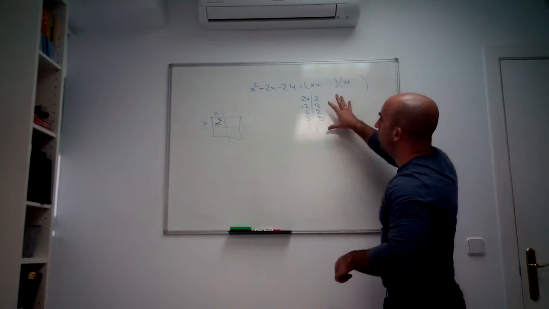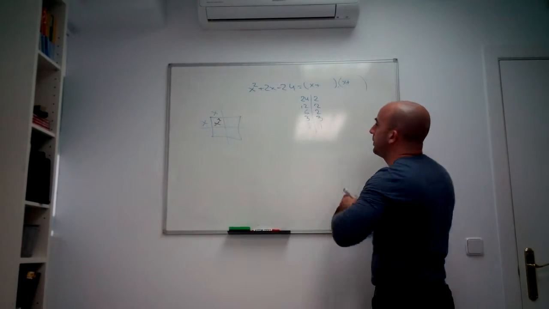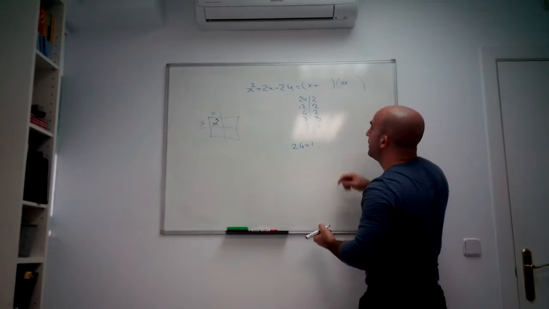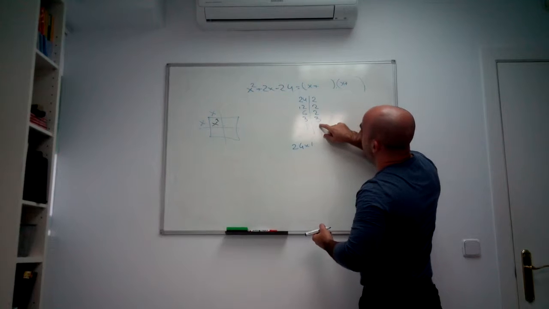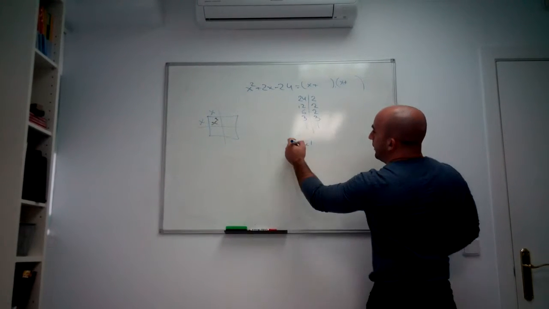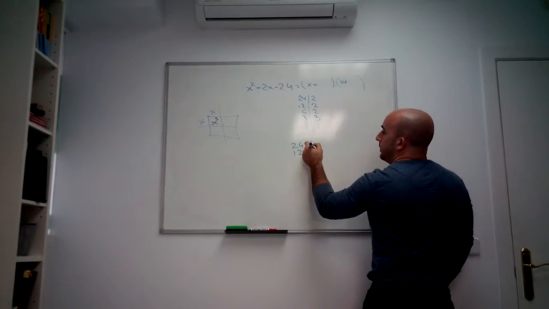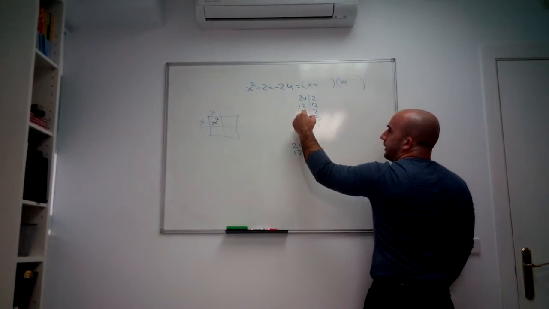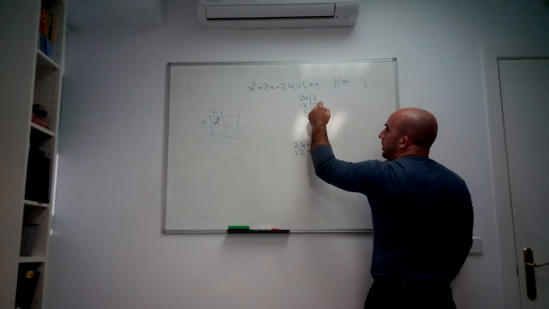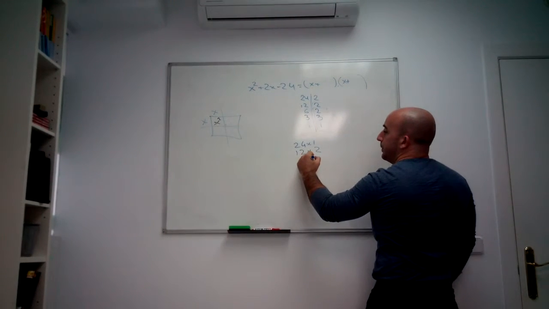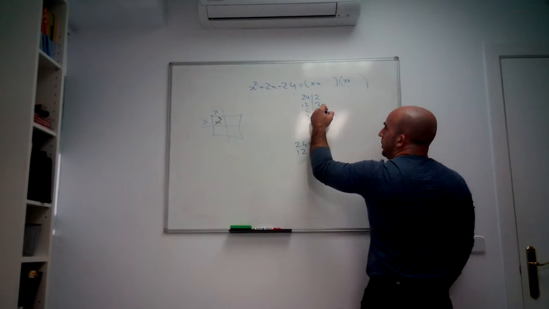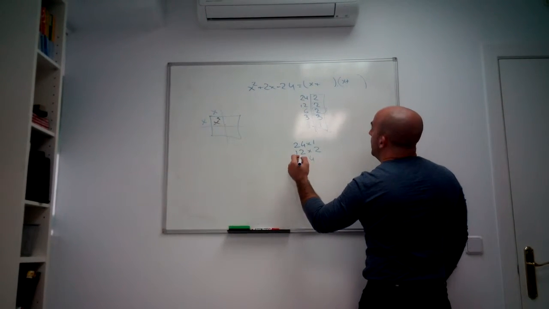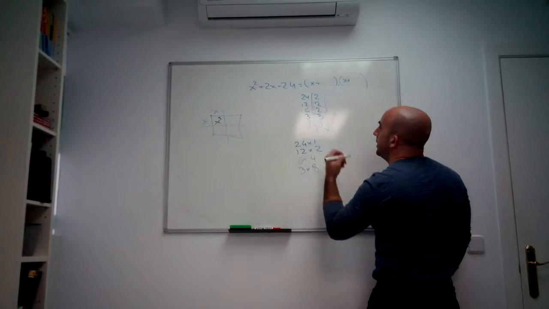Now, what do we have to try to get to 24? We should have this combination, 24 times 1. Then 12 times 2, 6 times 4, and 3 times 8.